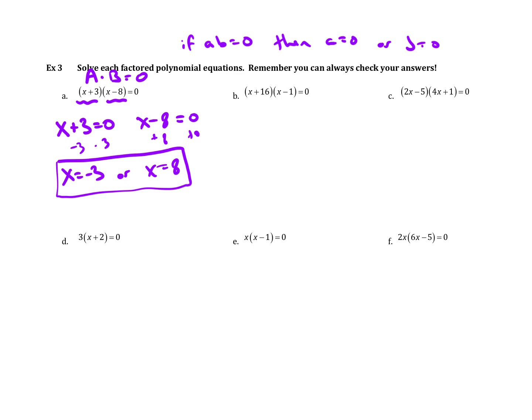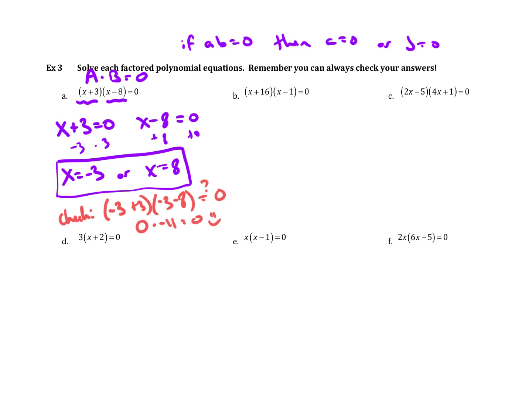Now let's check, just to show you. What if I make x equal to negative 3? I plug it back into the original: negative 3 plus 3 times negative 3 minus 8. Does that equal 0? Negative 3 plus 3 is 0, times negative 11, which does equal 0.